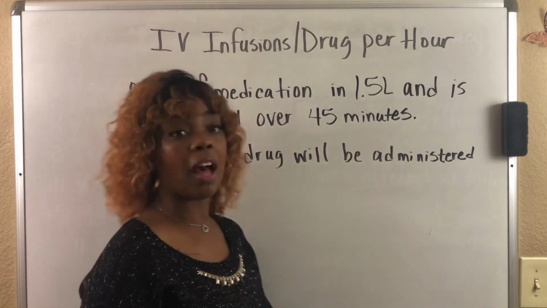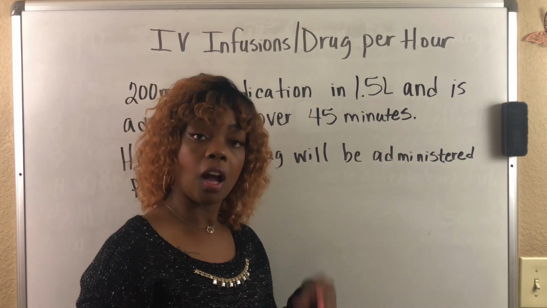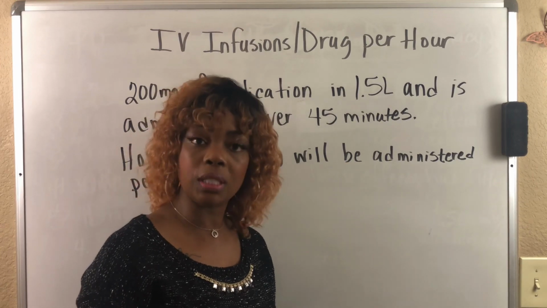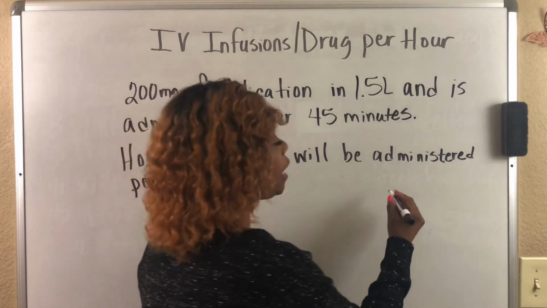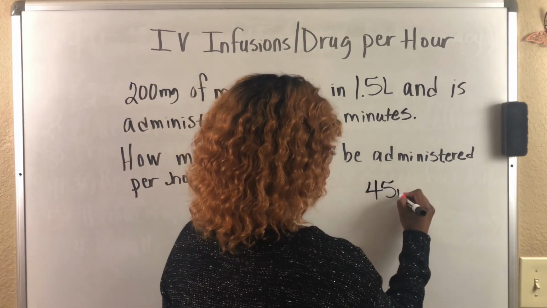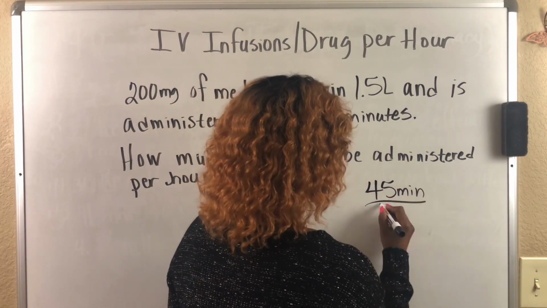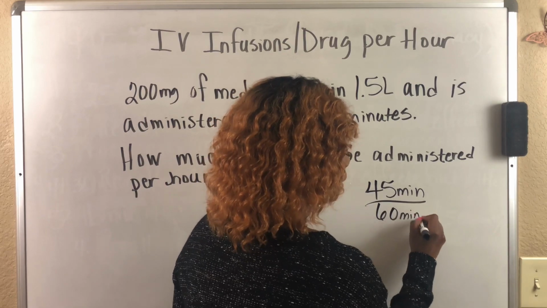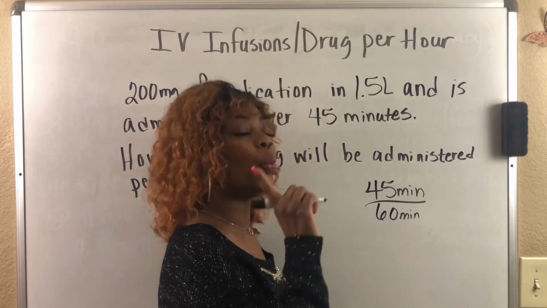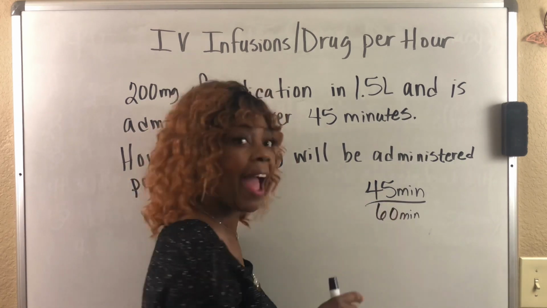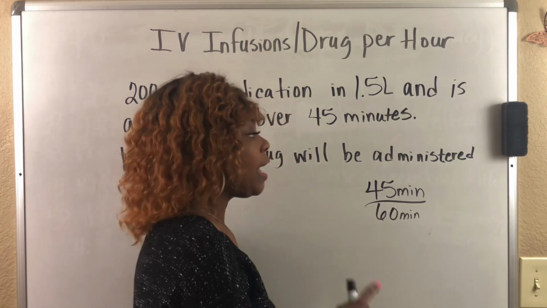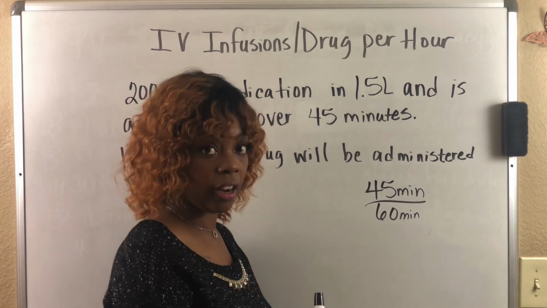So those 45 minutes, what do we need to do? Right, we need to turn those into hours. And the way that you turn minutes into hours is we're going to put those 45 minutes over 60 minutes, because 60 minutes is 1 hour. This is just like writing hour in there, but we have to put those minutes in there, okay?